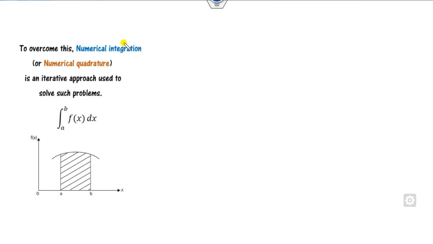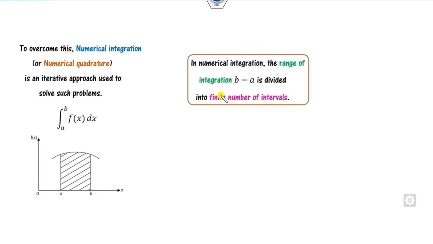Now since we are talking about integration, our purpose is to integrate f of x dx from a to b like here. What is the meaning of that? You have to find the area under the curve from a to b. That is the meaning of this integration. If you are unable to integrate this function, then we will use numerical integration.